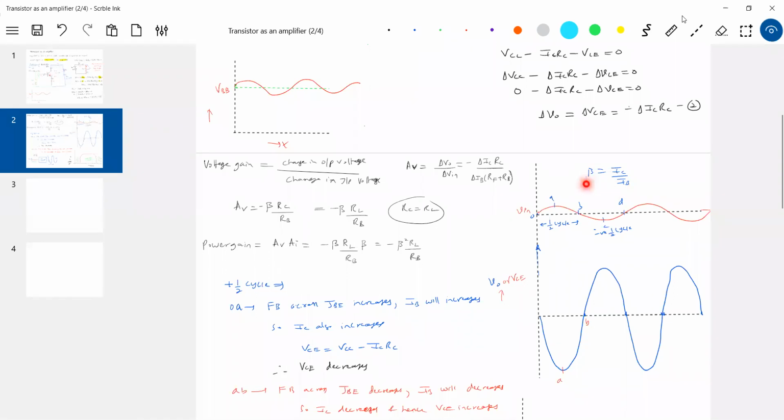Instead of width, they called it area. I think somebody today sent me that. The width. Why will the collector base junction have more width when it's reverse biased? Because the base is lightly doped. As the base emitter junction is forward biased and the collector base junction is reverse biased, the reverse bias will have more width, no?